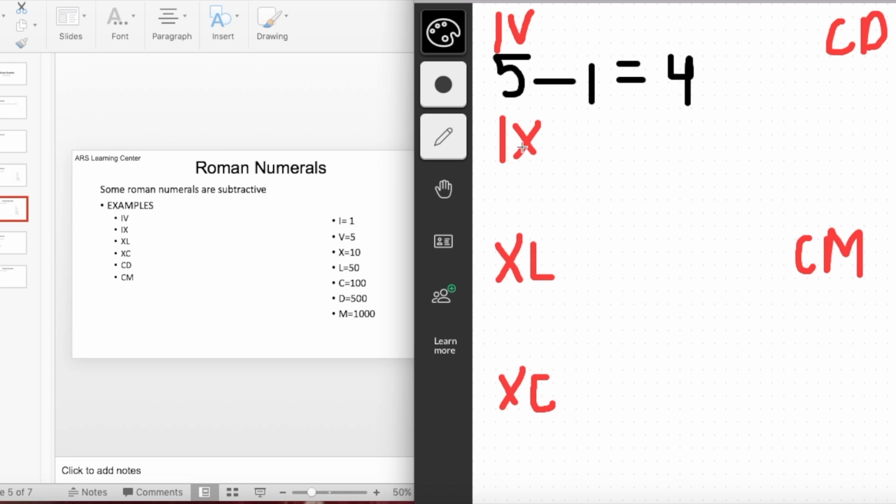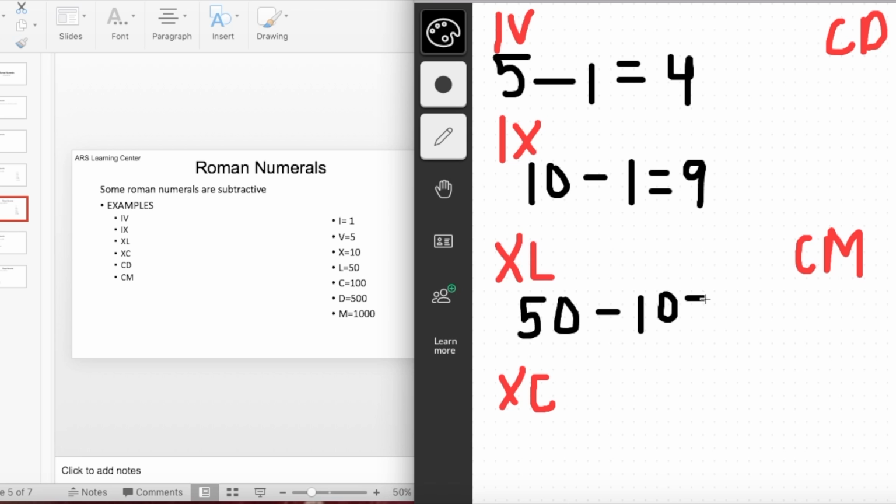For a second example, we have IX, where I stands for 1 and X stands for 10. So 10 minus 1 is 9. For our third example, we have XL, where L stands for 50 and X stands for 10. So we get 50 minus 10, which is 40.